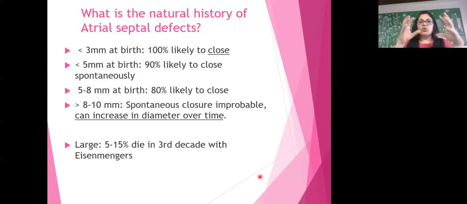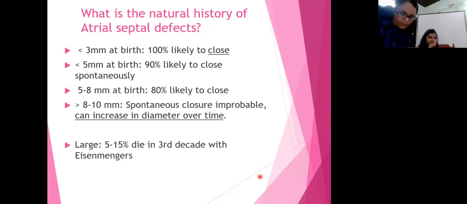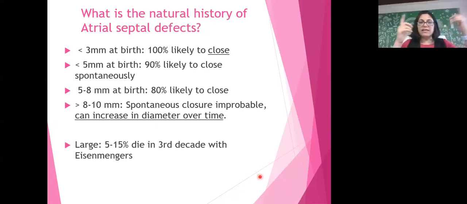Okay. The smaller it is at birth, the more likely it is to close. Remember with ASDs, either it can close or it can become smaller, or it can even increase in time. And this is important to know because when you see an ASD, parents will say, will it close?